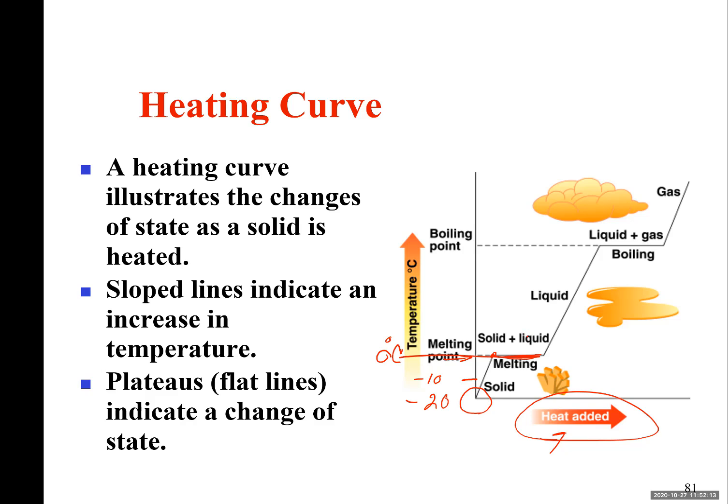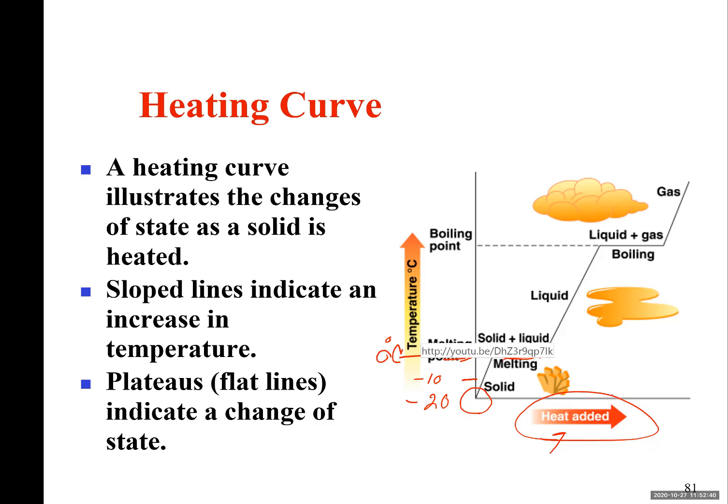The heat is being used to break the bonds between solid molecules, to break the forces between two molecules, the intermolecular forces. And this temperature remains fixed until the last piece of ice is melted. You have one phase, you have only water.